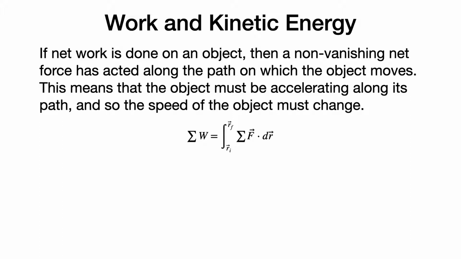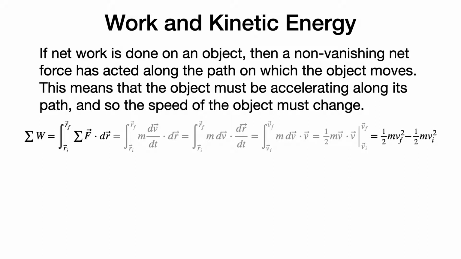So if we compute the work, which is the integral of the sum of all the forces along the path, and we replace the net force with mass times acceleration, and do some sophisticated mathematical operations along the way, what we see in the end is that the sum of all the work done on the object is equal to 1/2 the mass times the velocity squared at the final point, minus 1/2 the mass times the velocity squared at the initial point along the path.